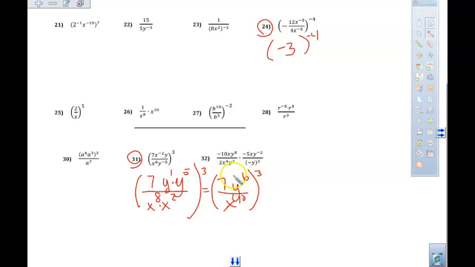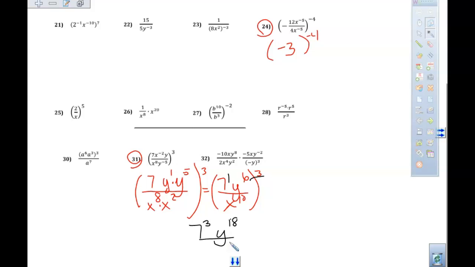So when I think of the 7, Brock, if there's no exponent, it has what for an exponent? 1. So I'm going to start rewriting this, and I'm going to take this answer on the test on Friday. 7 to the 3rd. Then I am looking at the y's, and I'm going to be multiplying those and get y to the 18, because we took 3 times 1 to get 3, y to the 18.